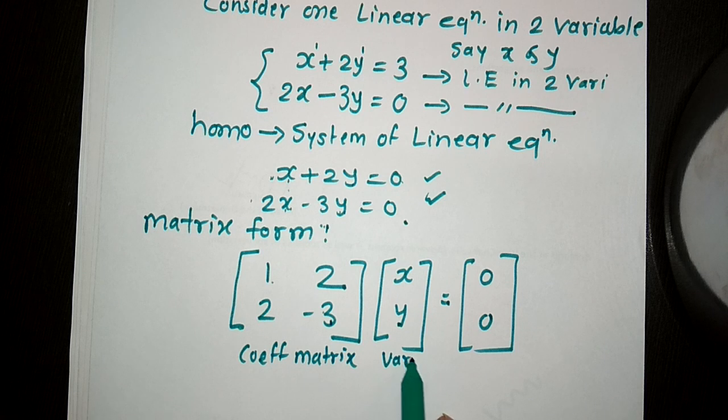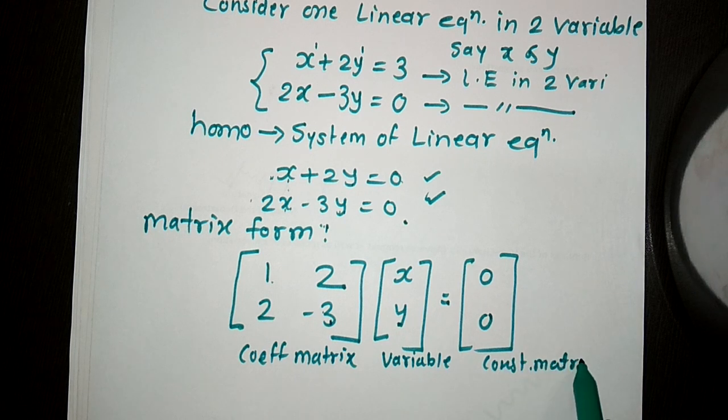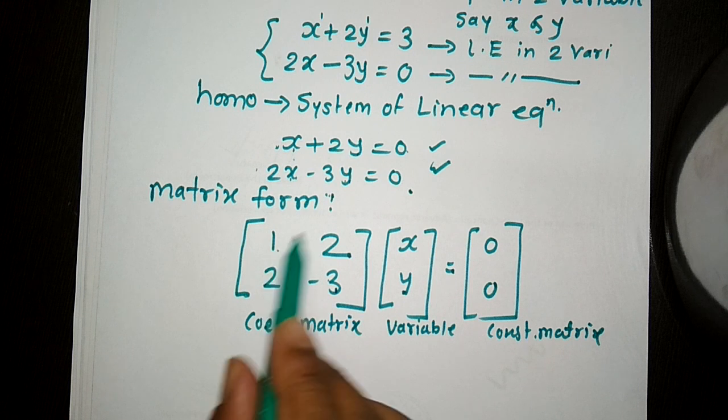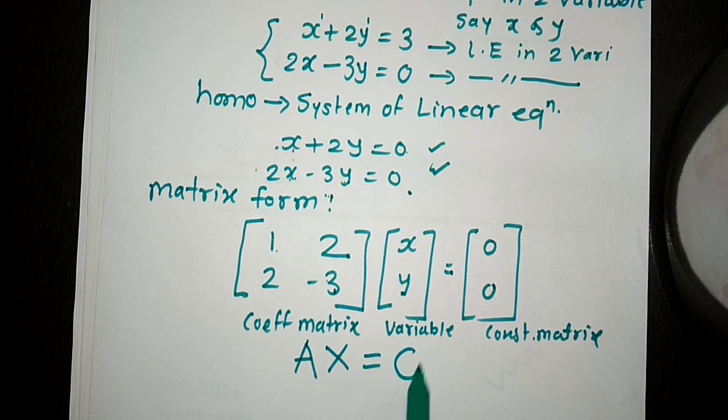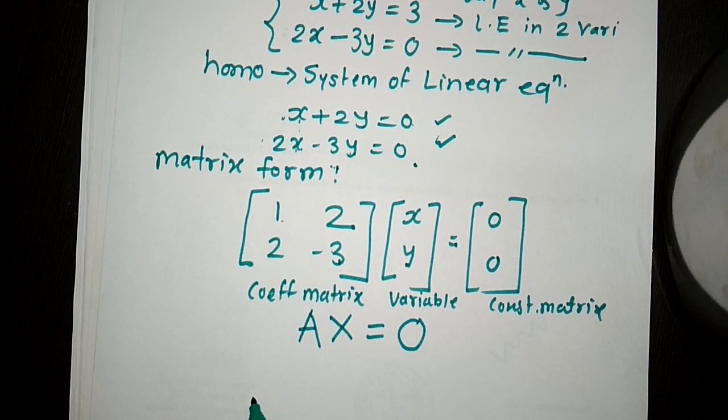This is the variable matrix because the variables are there, and these are the right side constants of the equations, therefore this is the constant matrix. We give names to these matrices: this matrix we call capital A, this matrix is X, and this is the 0 matrix. So this is AX equal to 0.